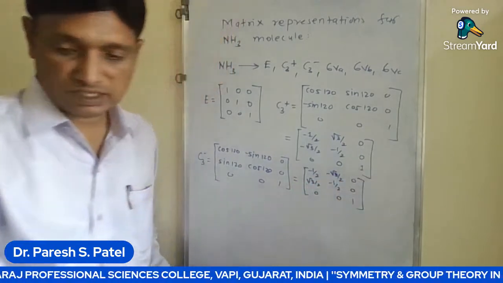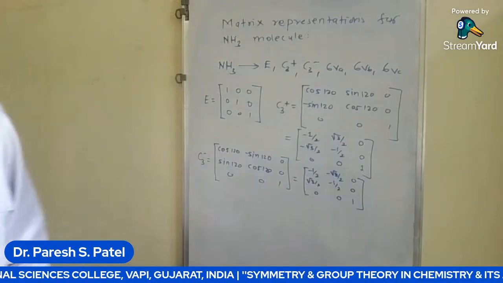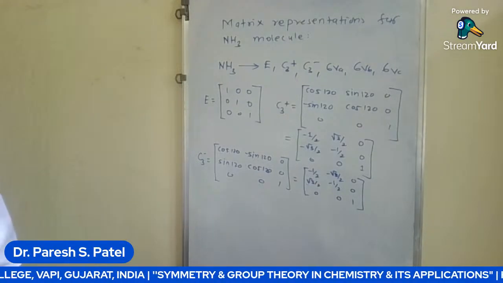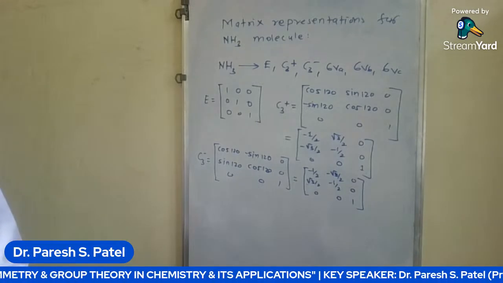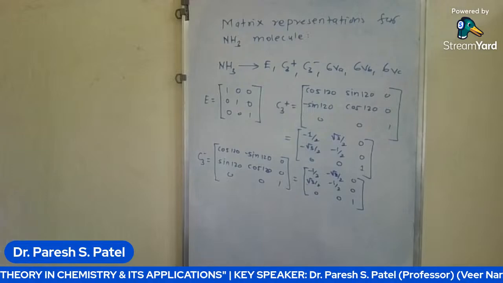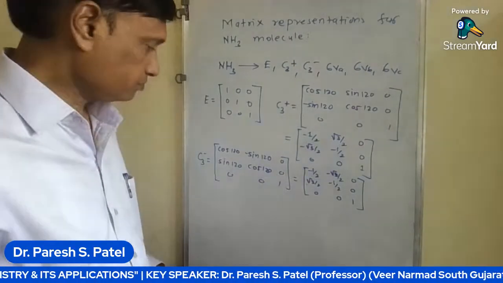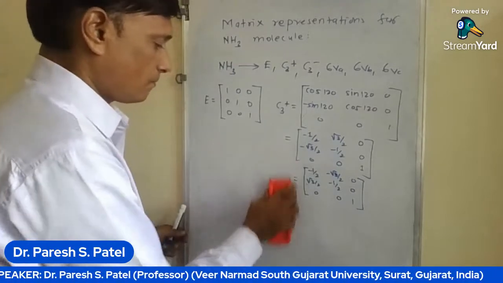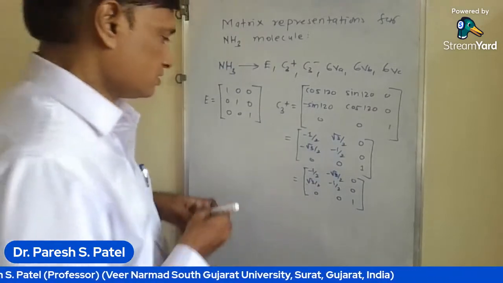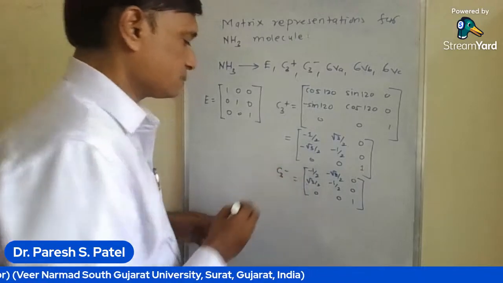So this is the matrix representation for C3 minus, the anti-clockwise rotation.